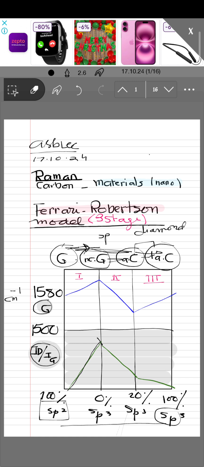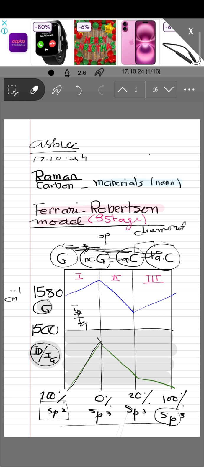That means it has followed the 1 by LA ratio. So ID by IG in this case is proportional to LA squared, and showed an increase.